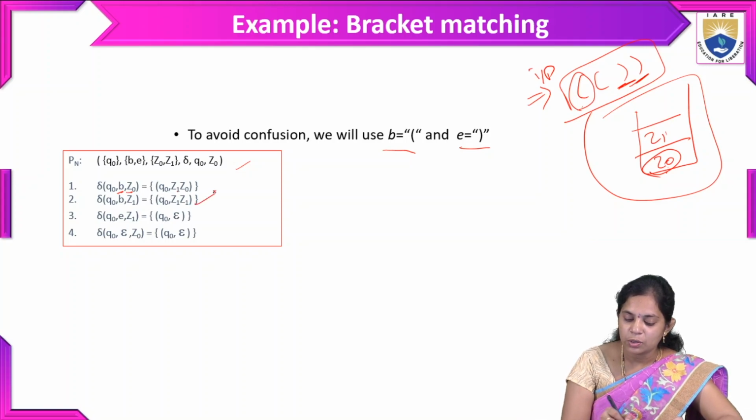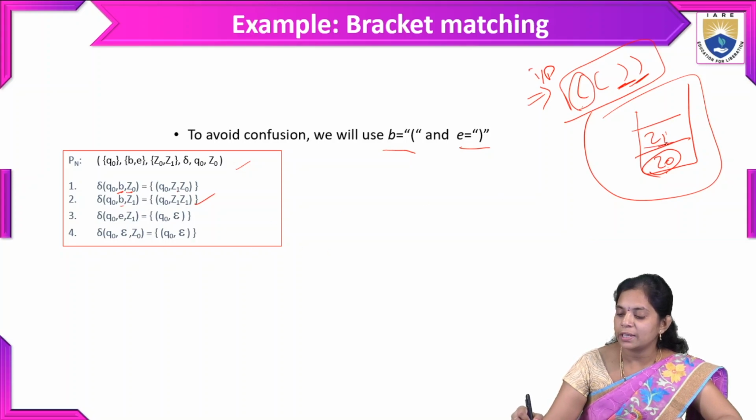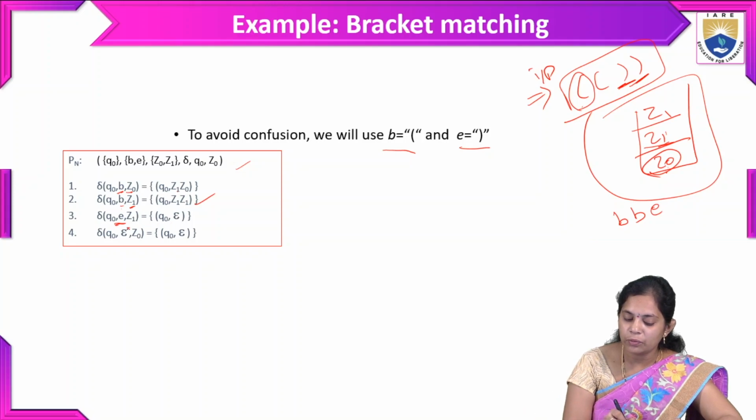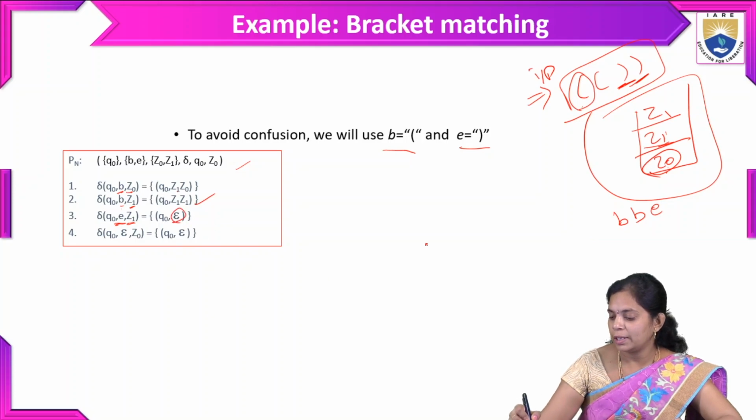Next, we are reading B again, and now the top of the stack symbol is Z1, so we push Z1 again into the stack while reading the second B. Next, while reading E, the top of the stack symbol is Z1 and we pop the value of Z1.